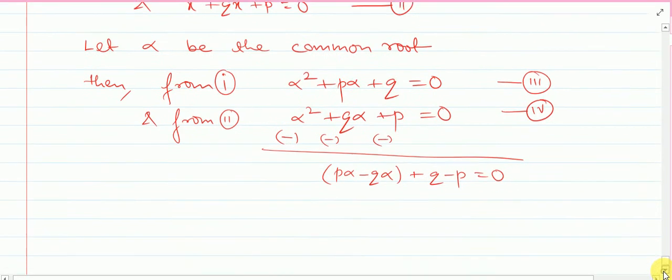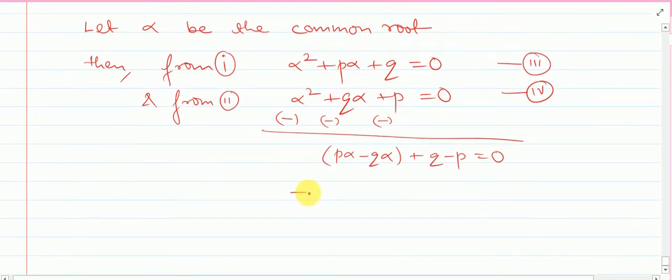So this implies p minus q, plus, and here q minus p, instead of writing q minus p, we can write minus p minus q. When you open the bracket again you will get the same thing.